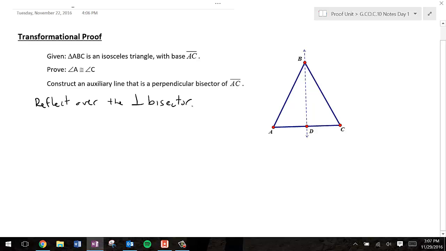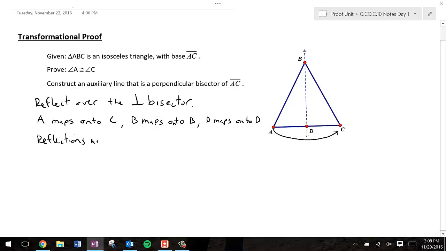When I do that, I have that A maps onto C. A goes right over and lays on C if I were to reflect over segment BD there. Okay? We also know that B maps onto B, it maps onto itself, and we know that D maps onto D.